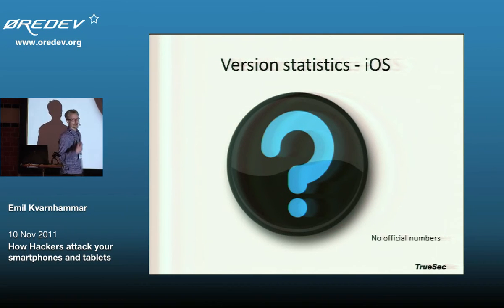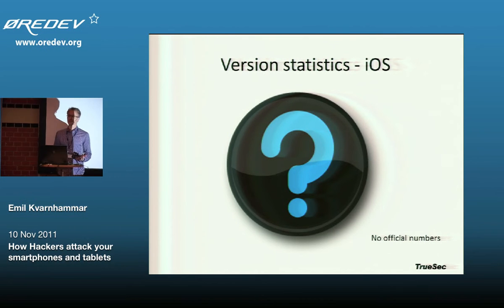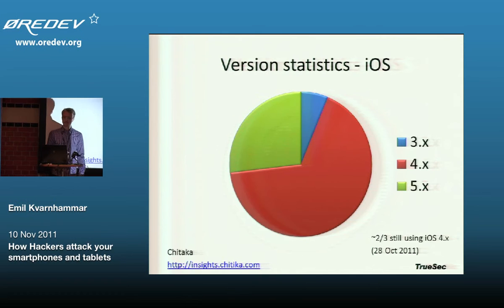Comparing that to iOS, we don't have any official numbers from Apple. The only thing we know is that the Apple guys always say that they prioritize getting updates out as soon as possible, especially for security updates. And I'm convinced that they are doing a real good job there. But again, there are no exact numbers. There are statistics from independent companies.